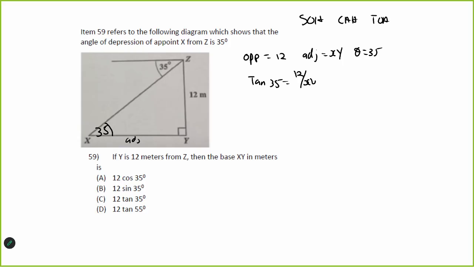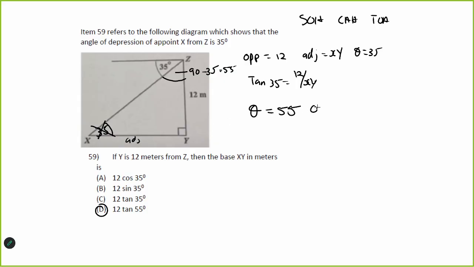So SOH CAH TOA, right? If we put this, there's no way, so we can't use this angle 35. We will have to use this angle here, which is 90 minus 35, which I believe would be 55. The only one that has 55 is D, but let's check it out. So we know theta is 55.